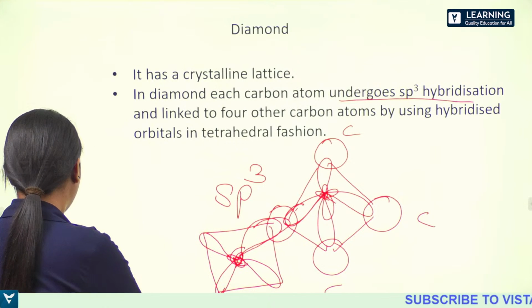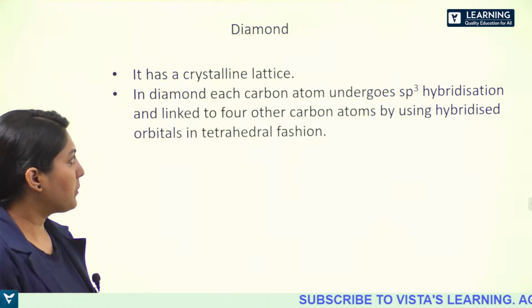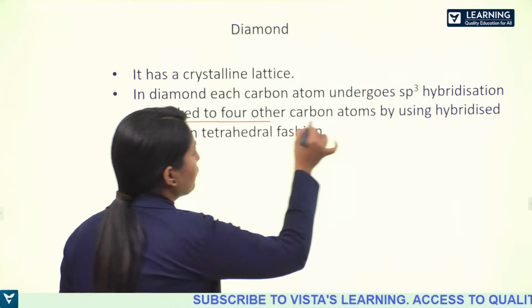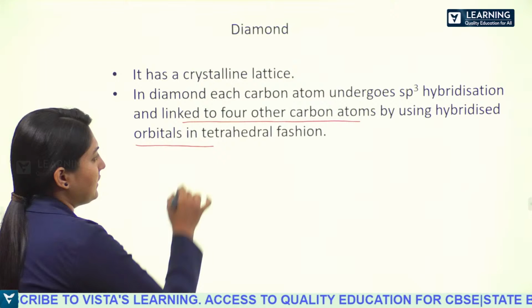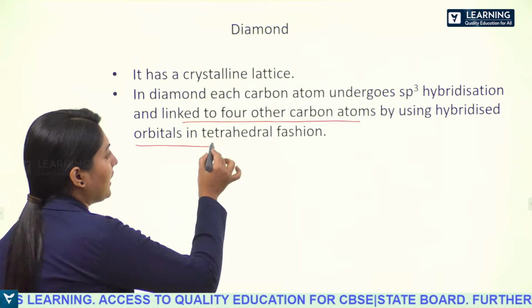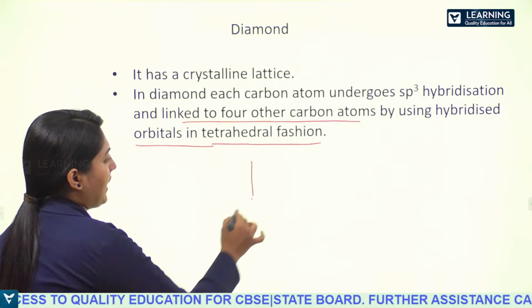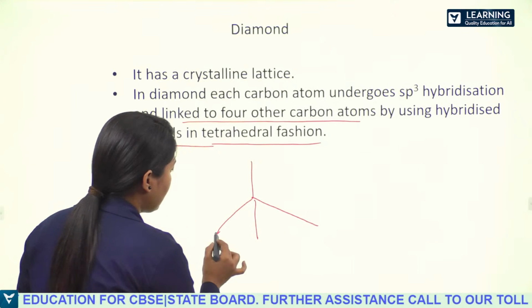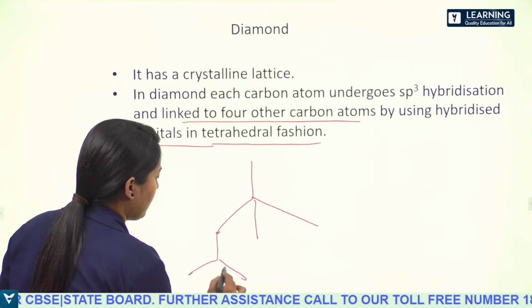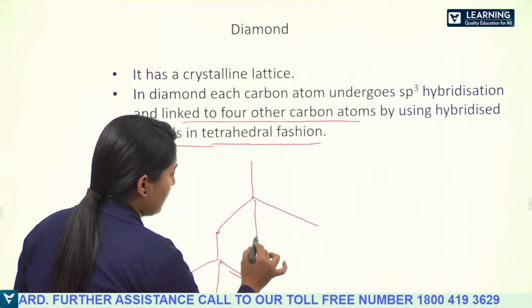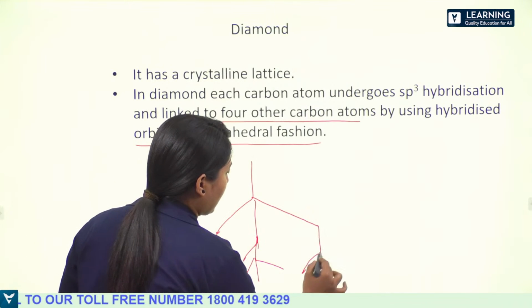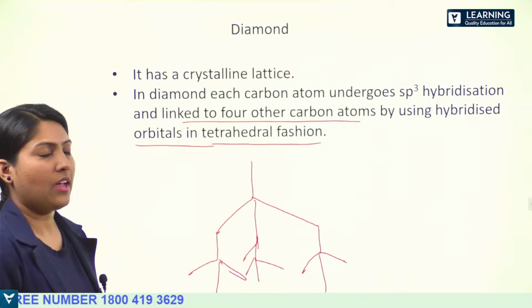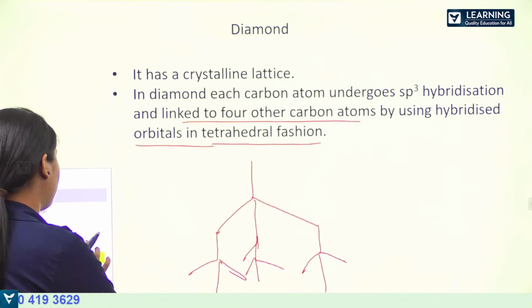So they undergo sp3 hybridization and link to 4 other carbons by hybrid orbitals and form a tetrahedral fusion. This again links to the other one, and it goes on like this, so they form the tetrahedral fusion.